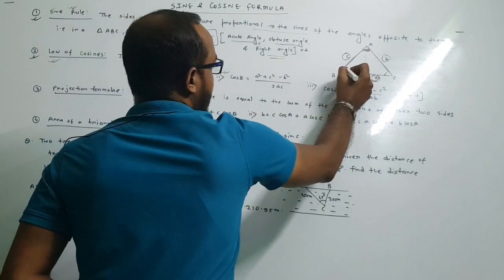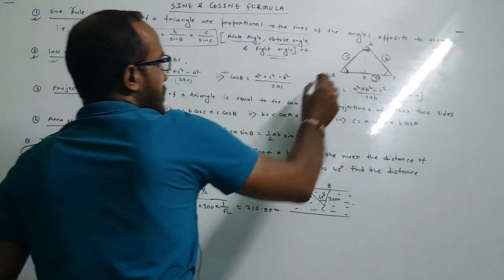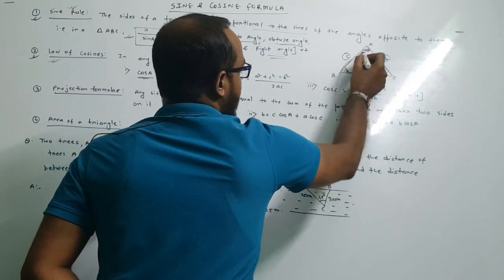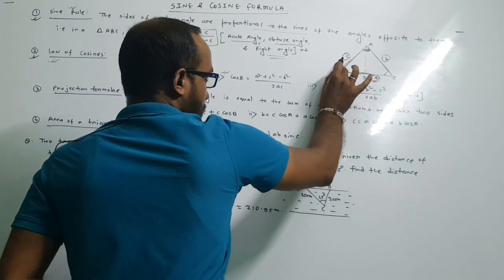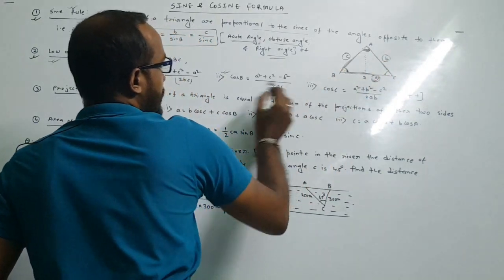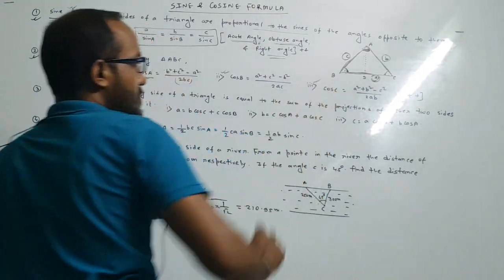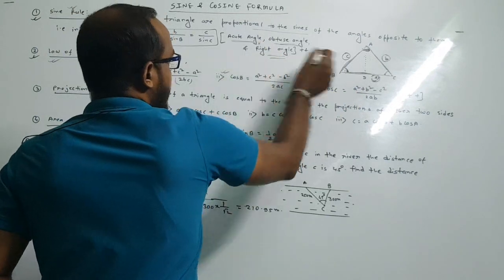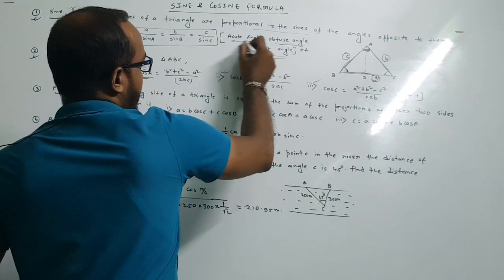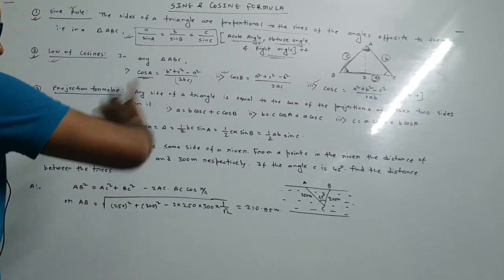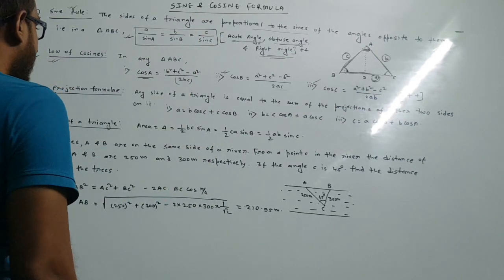Let us say we want to find cos of B. So cos of B would be, the sides attached to angle B are A and C. So A square plus C square minus B square by 2AC. Similarly for cos of angle C. And here also these formulas are applicable for acute angle, obtuse angle and right angle triangle. Formula would be same for these three types of triangle.